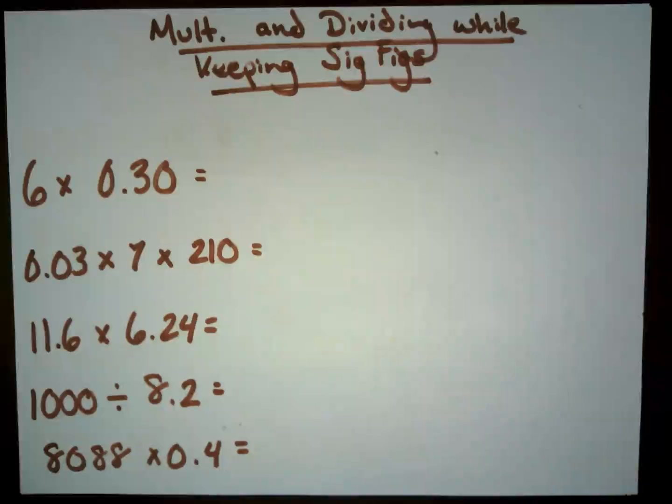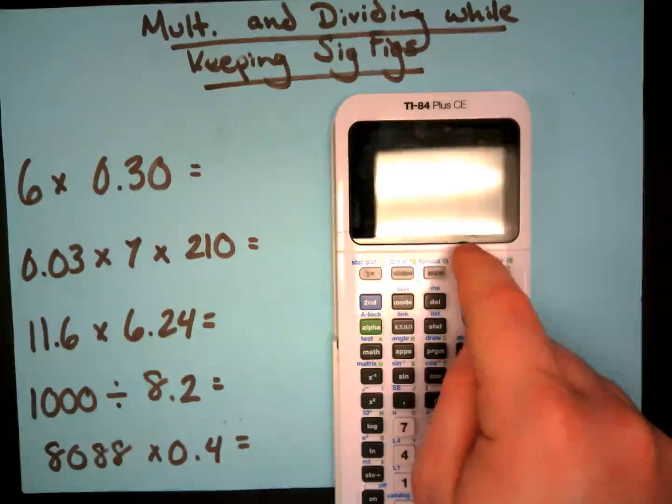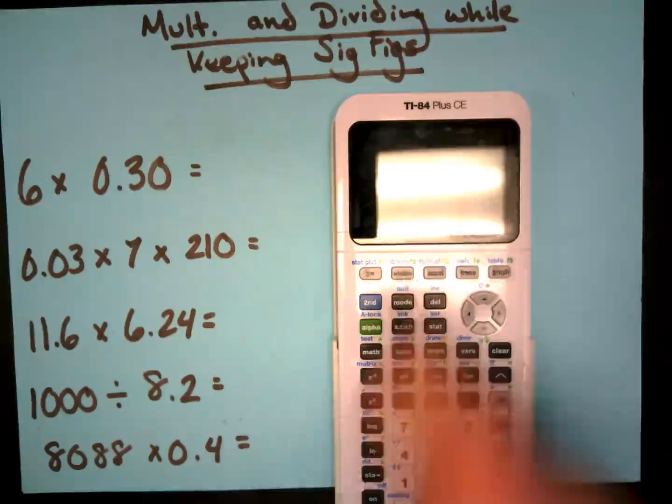Okay. So obviously you need a calculator for this. You can use your phone, you can use your Chromebook, or you can use an actual calculator, which I would highly recommend that you use your own calculator. Keep in mind, I will be making a video on how to use this and how to work on problems like this using a calculator.